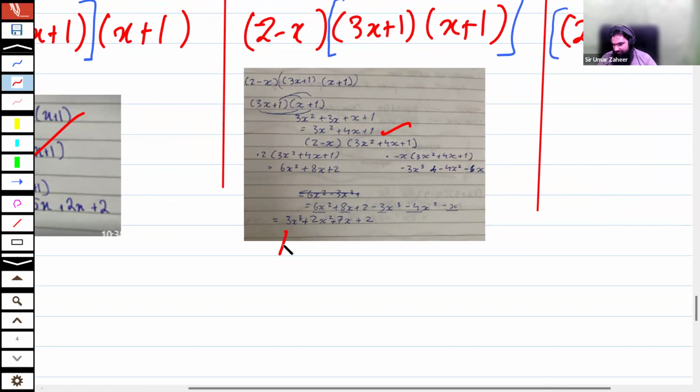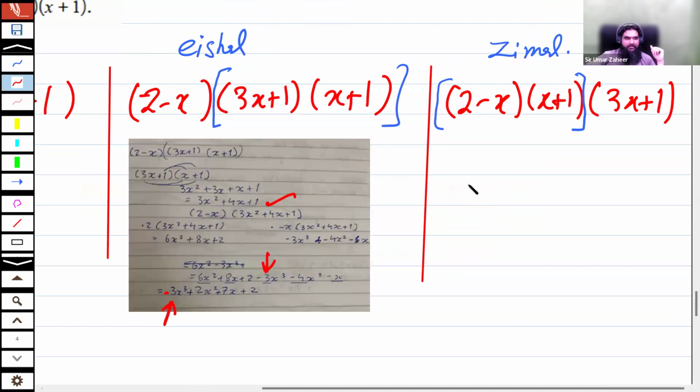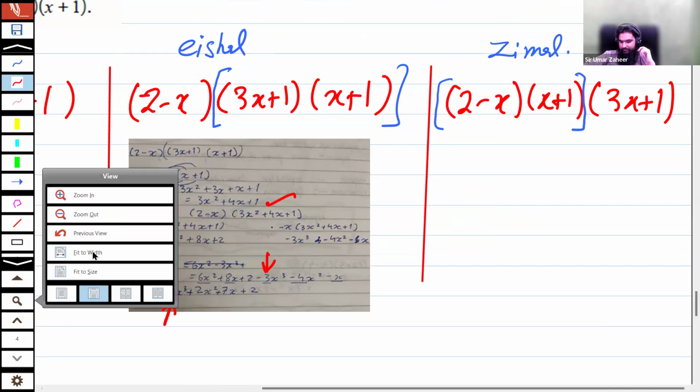Ishal, how will this value become positive? Because here you wrote that it is negative 3x cube. How will it become positive 3x cube? Oh, I didn't realize. My bad. No problem. Yes, Zimil, have you done it? No, sir, I'm redoing it. I did something wrong again. All right, no problem, do it.